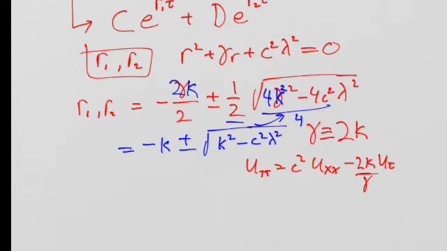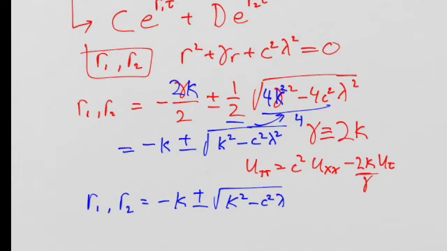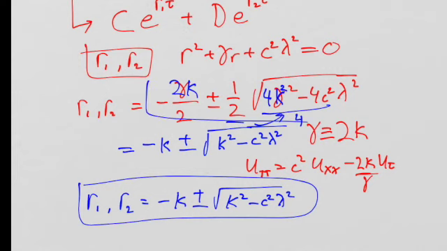So we would end up with R1 and R2 equals minus k plus or minus the square root of k squared minus c squared lambda squared, which is arguably a little bit nicer to drag around than all of what that would have been, with the 1/2s everywhere. Let me make sure I got that right, just checking my notes.